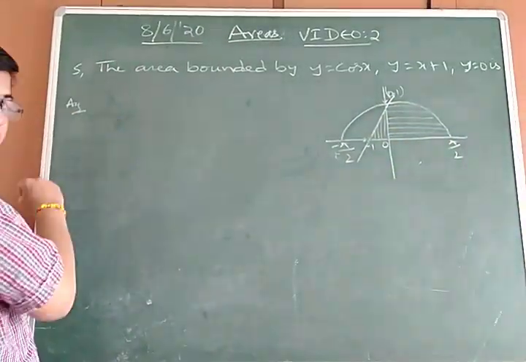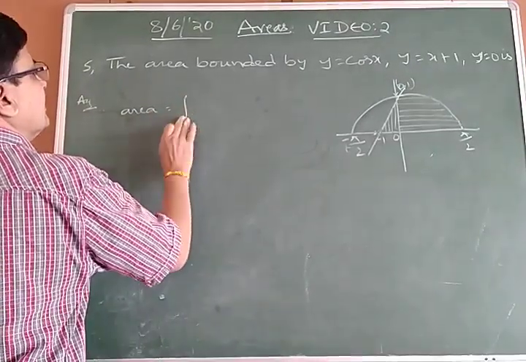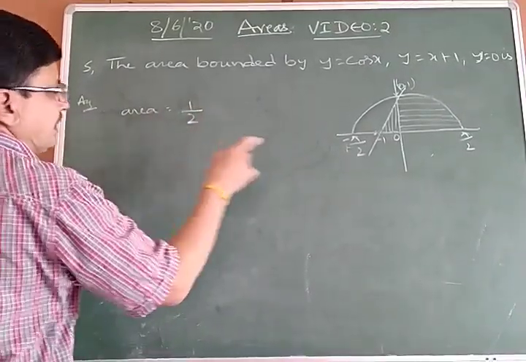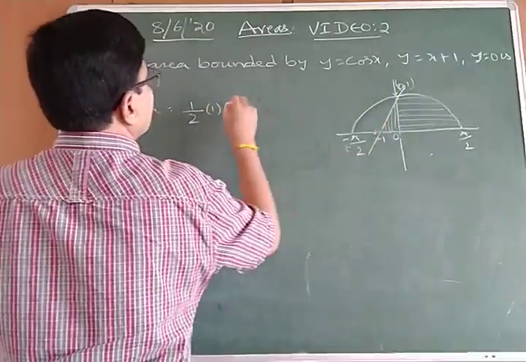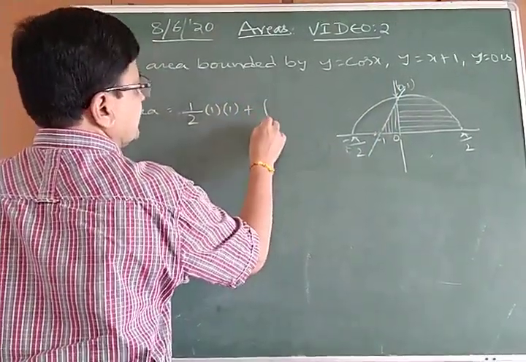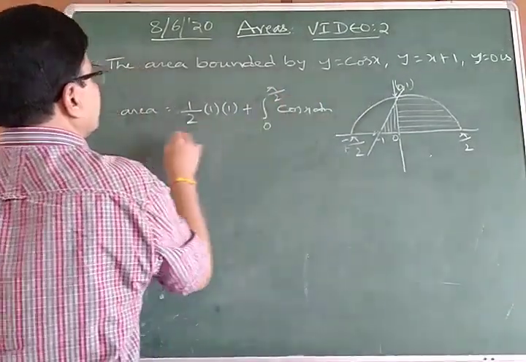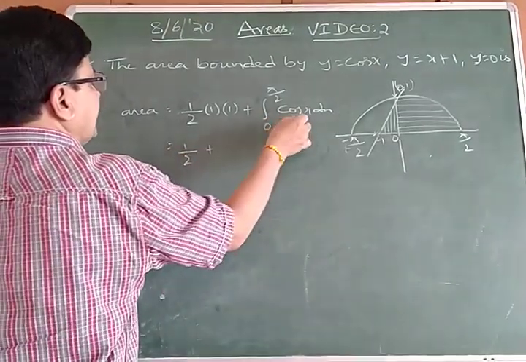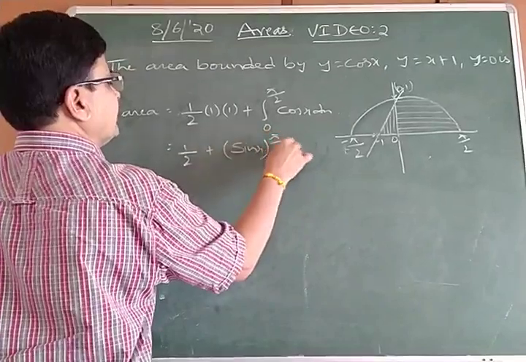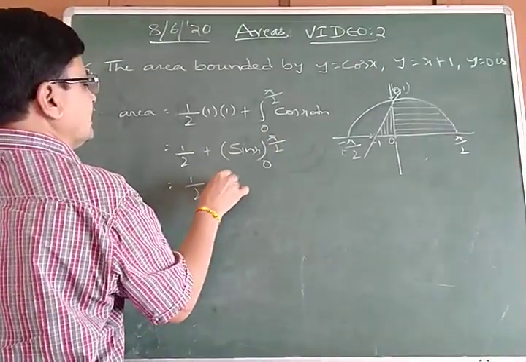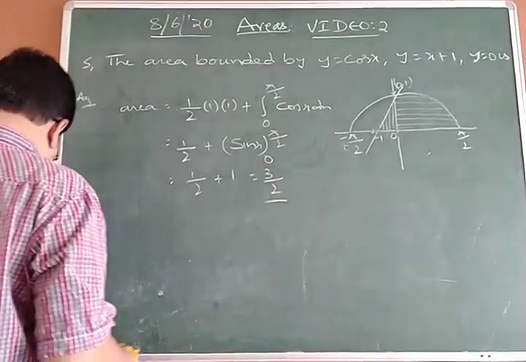So the required area is 1 by 2 into base, base is 1 unit and height is also 1 unit, plus integral 0 to pi by 2 cos x dx. So this is 1 by 2 plus sin x from 0 to pi by 2, that is 1 by 2 plus 1. Taking LCM, 3 by 2 square units.